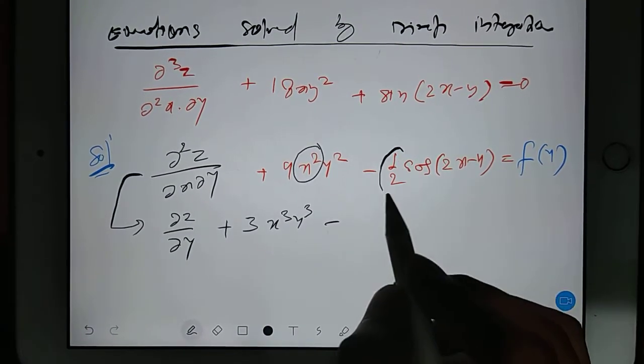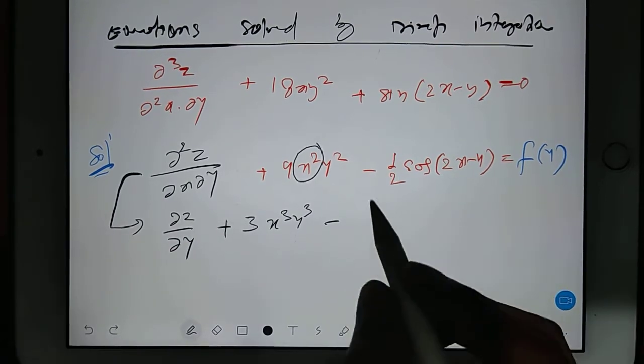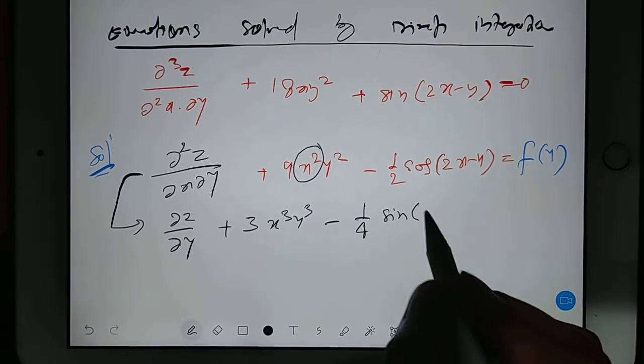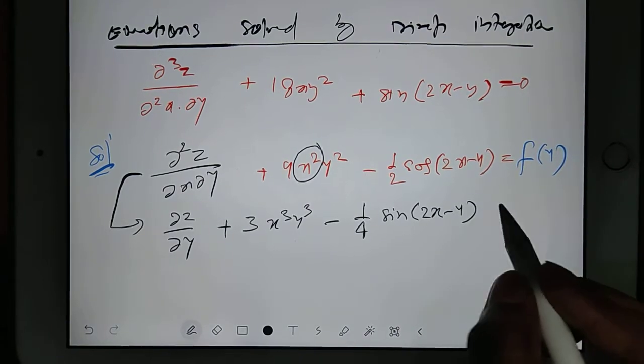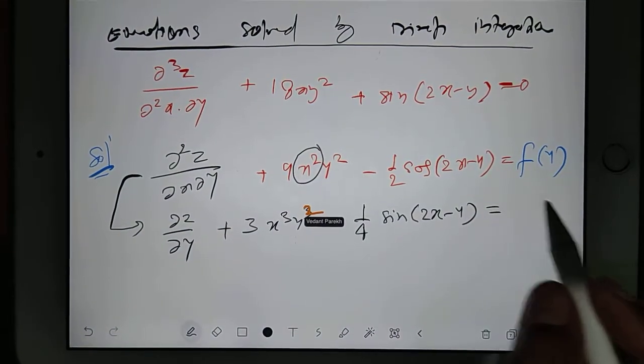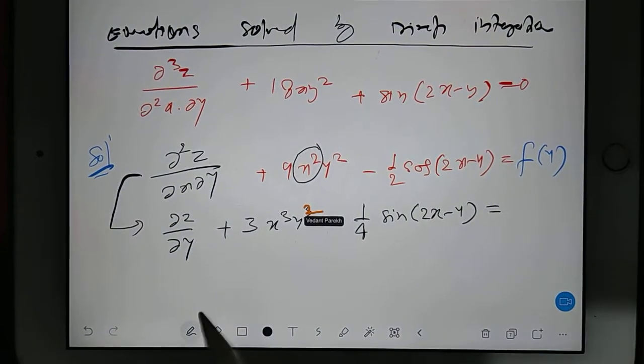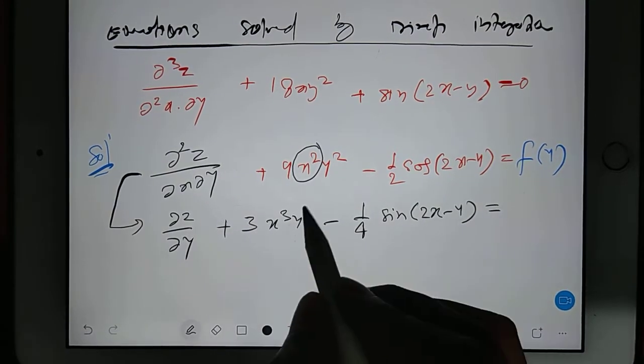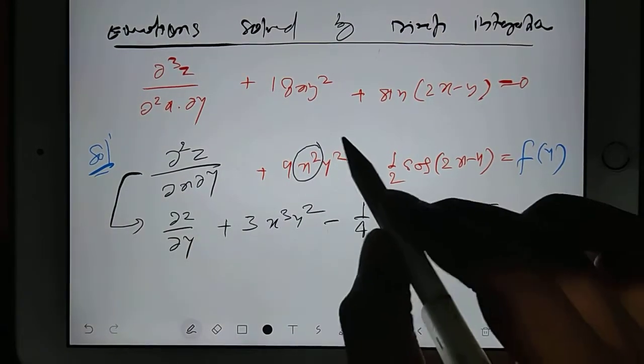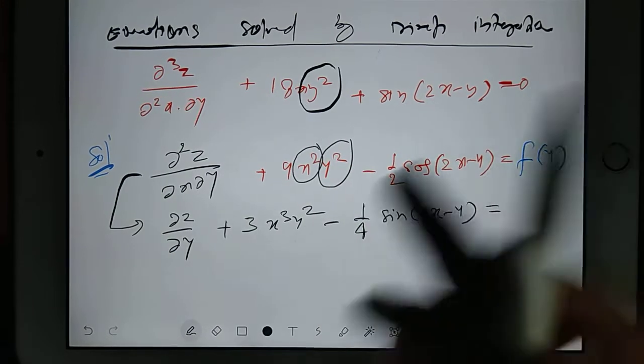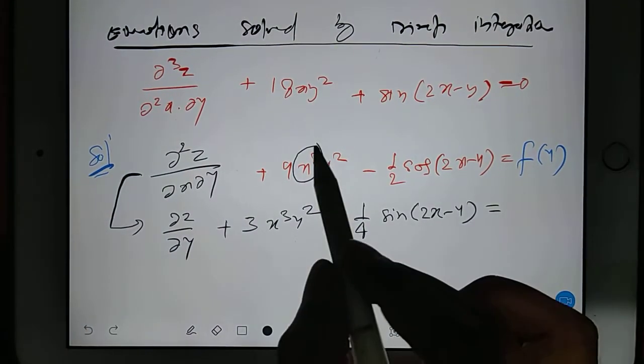Already 1/2 is there, one more 1/2 will come, so it will be 1/4 sin(2x − y). One more thing, there is no change in y², guys. Don't change the power of y, that was my mistake.